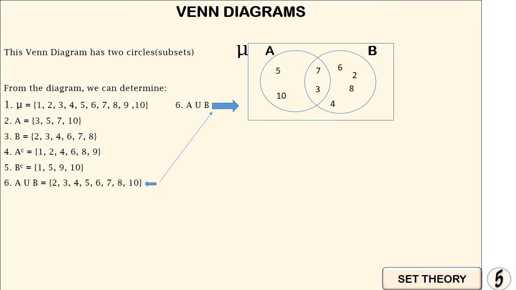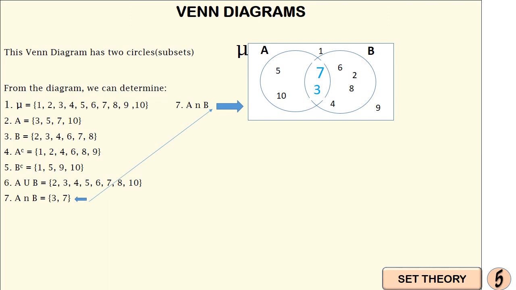To the real business, we are focusing on A union B. And if you check our Venn diagram, you will realize that some elements have been taken off: the numbers 1 and 9, which hitherto were outside the 2 circles. Therefore, A union B, which is an aggregate of A and B, will produce the set 2, 3, 4, 5, 6, 7, 8, and 10.